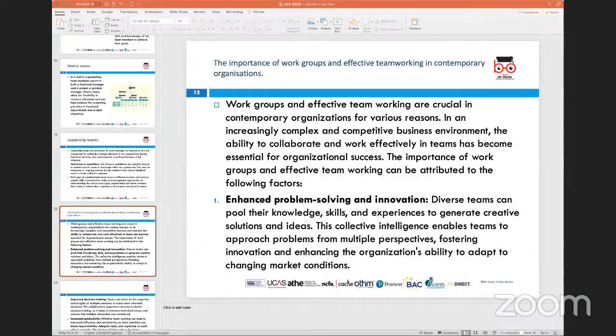And the other reason why work groups are created is that organizations are looking at bringing productivity into the organization, and that productivity allows them to achieve larger objectives. Sometimes you would see that people are brought together from different departments to collaborate on a larger objective.